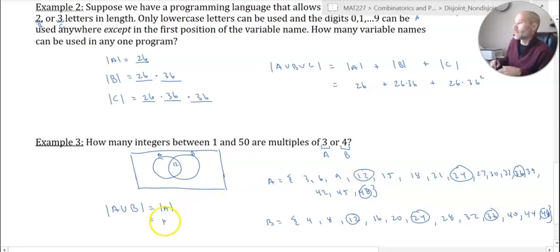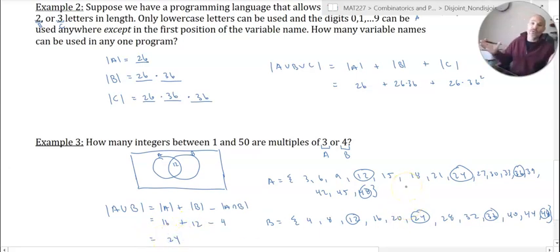That's 16 elements, plus the number of numbers that are multiples of 4, 1, 2, 3, 4, 5, 6, 7, 8, 9, 10, 11, 12. Minus the number of elements that are both multiples of 3 and multiples of 4, which would be 1, 2, 3, 4. There are 4 numbers that both sets have, and those are therefore being double counted both in A and in B, so we have to subtract it off once. This gives us a total of 24.